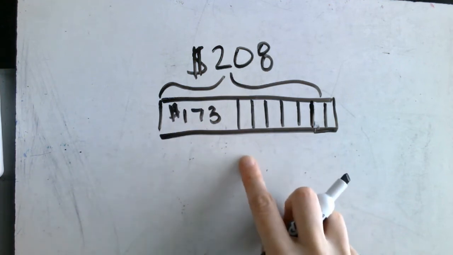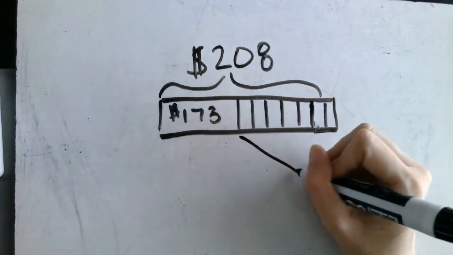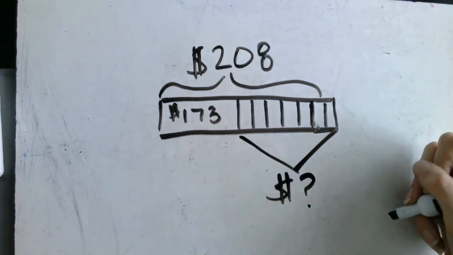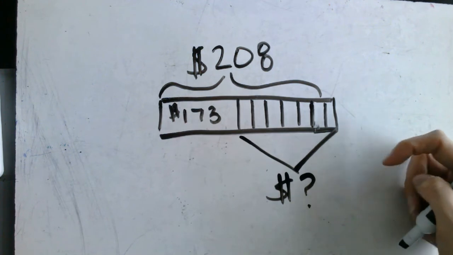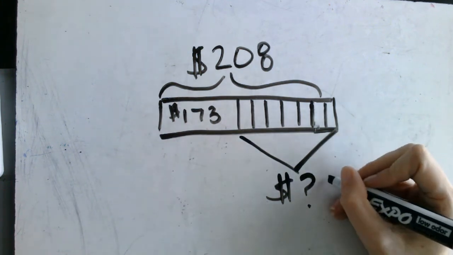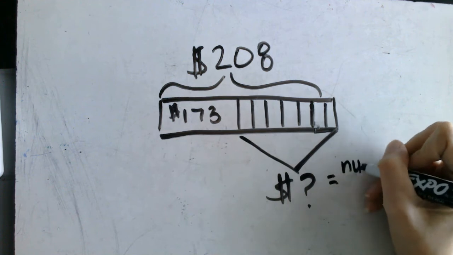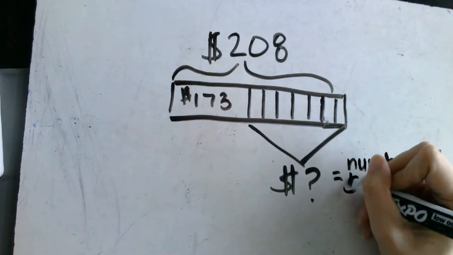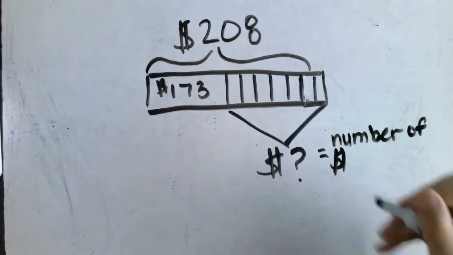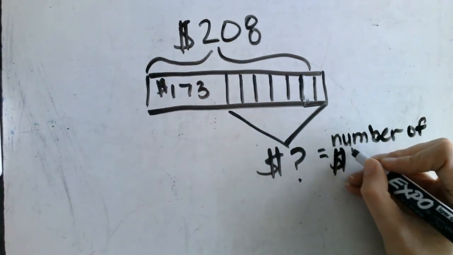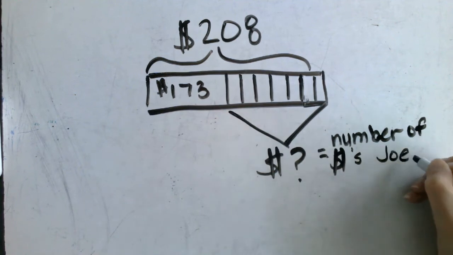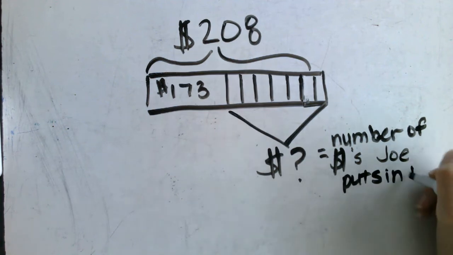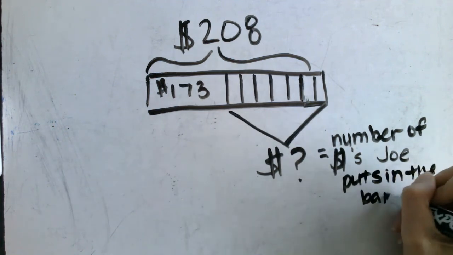So in our picture here, we represented what we know and then what we're trying to figure out. We don't know how much money Joe has made over here. So our question mark is representing the number of dollars Joe puts in the bank.